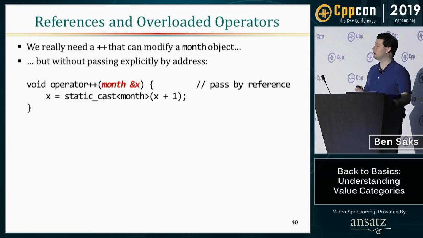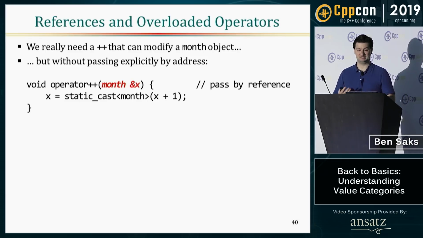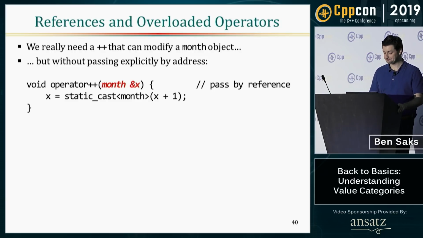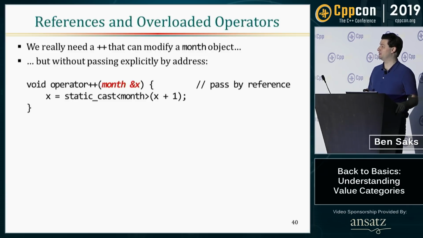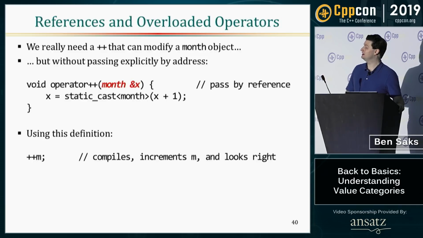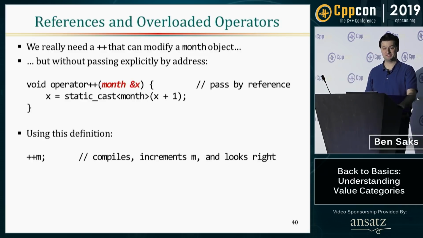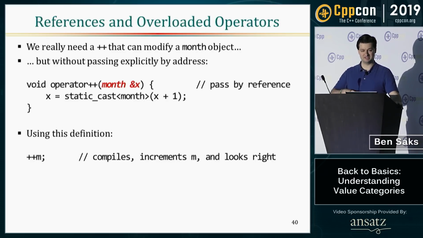So we really need references in this case. We need something that behaves like a pointer but doesn't force us to take the address of the thing when we're passing it in. So here, we pass in the value of the month by reference. We can update the value inside there, and now as a result, ++m actually changes the value of the argument that it's applied to.